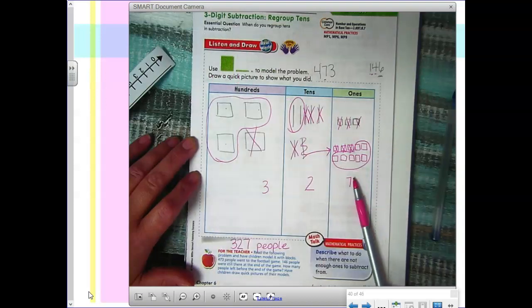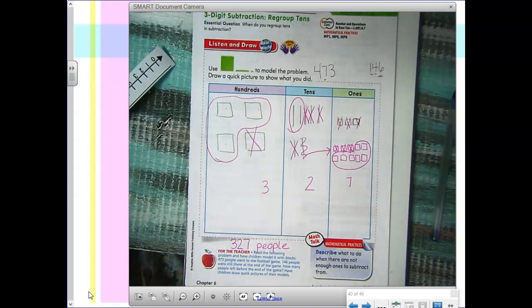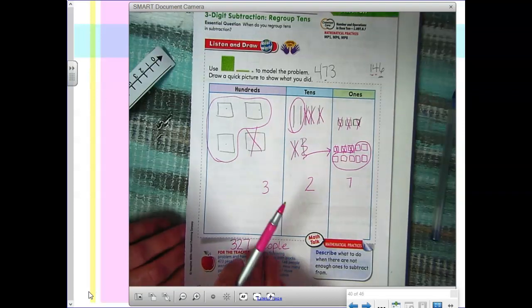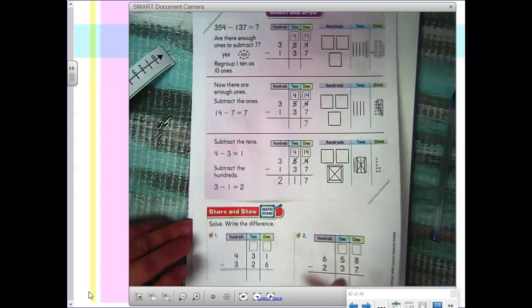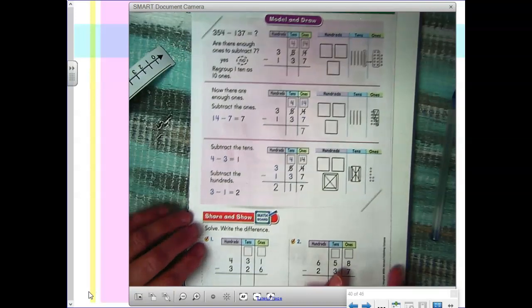When we do not have enough ones to subtract, we need to regroup in the tens place. That's the rule. Let's turn the page and learn. It's very similar to 2-digit. We just have that third digit added.